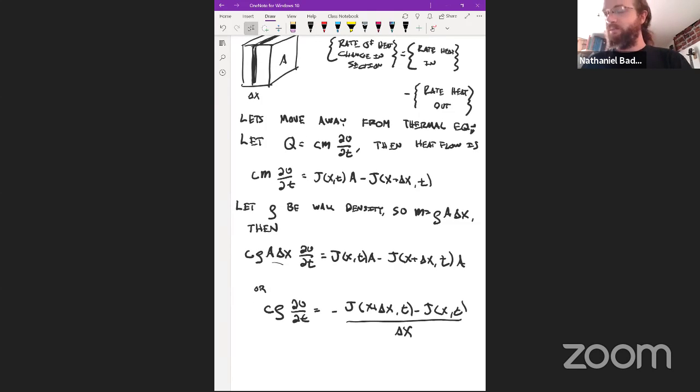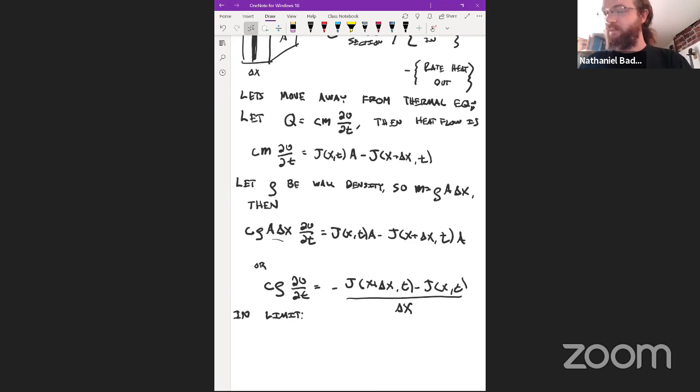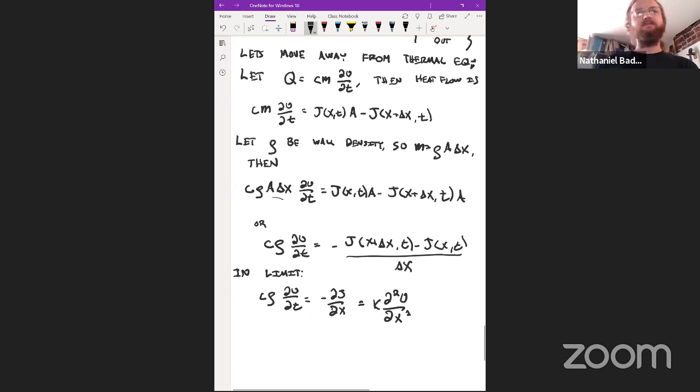So taking the limit, we have C, specific heat, times the density times du dt is minus dJ dx, which is just k times d squared u over dx squared.